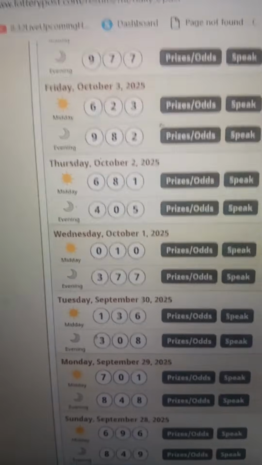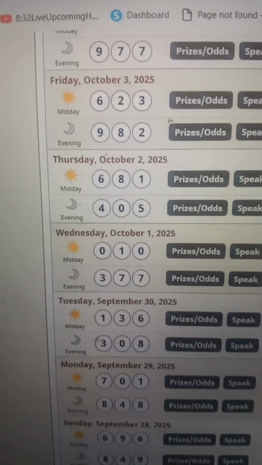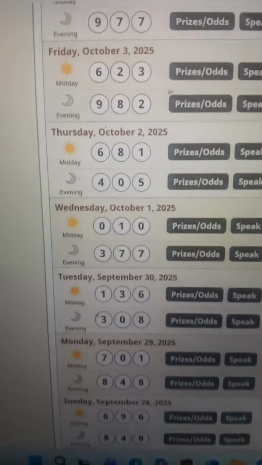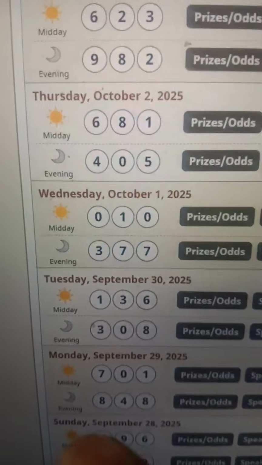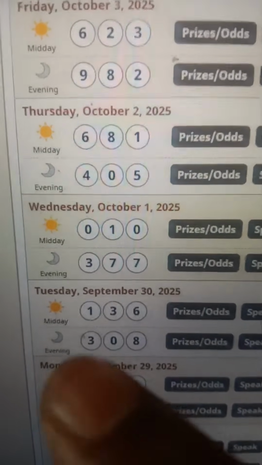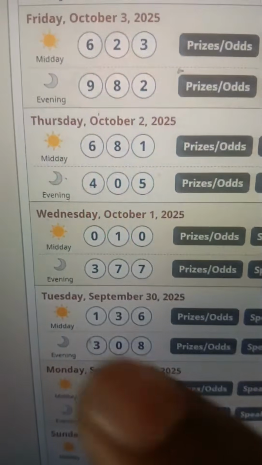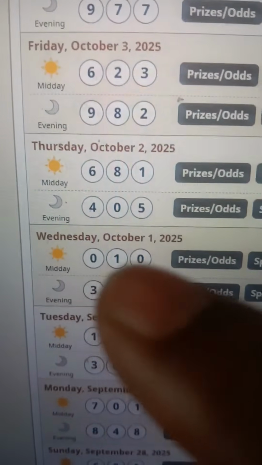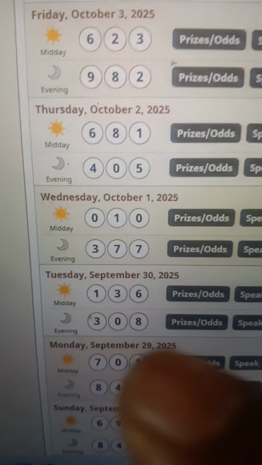Nevertheless, you go into your day before yesterday number, and that would be 136, because you played a midday number 136. So you already know your day sum is 10, 1 and 0.